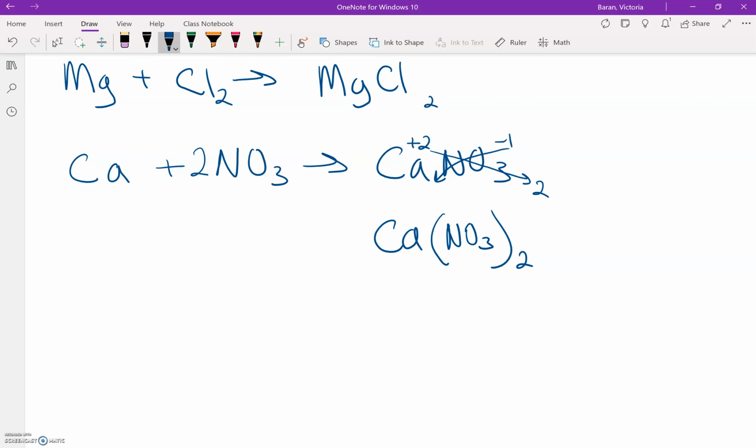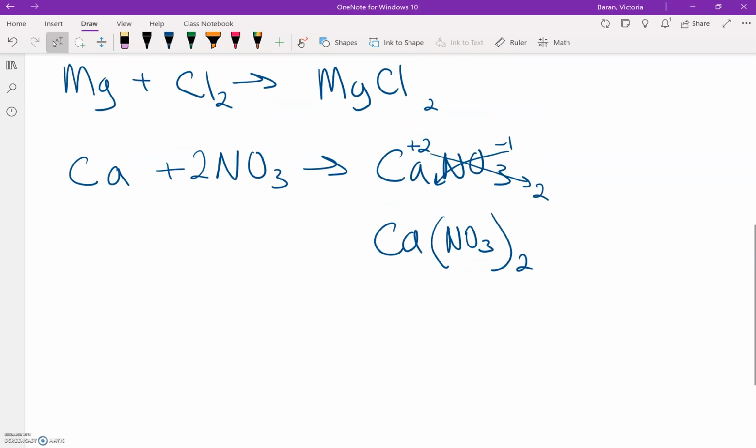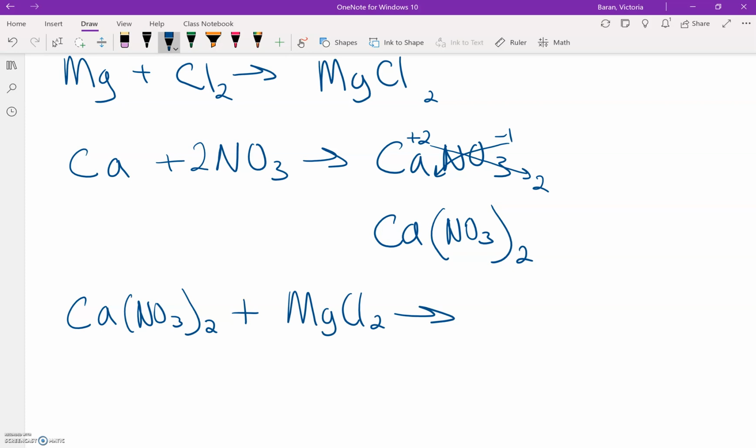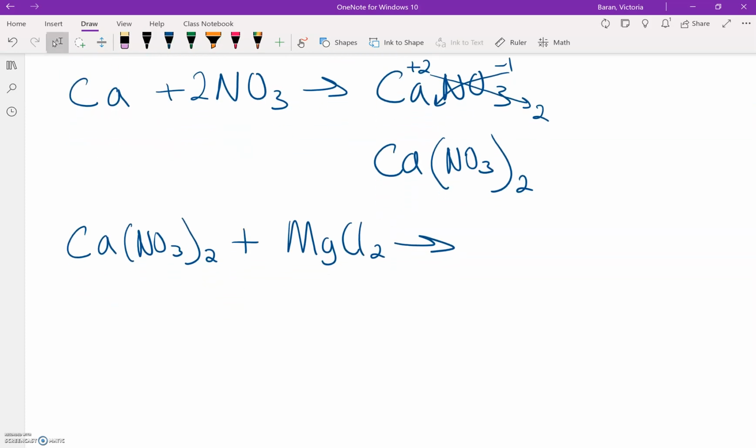All right, so now I'm going to do a little bit more difficult one. Let's say we're going to just have a double replacement reaction. So we're going to take that CaNO3 and we're going to react it with that MgCl2. We'll get to these types of reactions as well later on. This would be a double replacement reaction. So these compounds that we have, they're going to kind of switch partners with each other, so to speak.